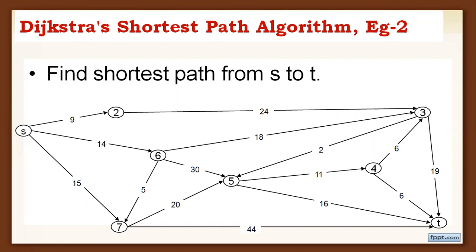When we apply the greedy strategy to the given graph, we need to find the minimum cost from source vertex S to all remaining available vertices 2, 3, 4, 5, 6, 7 with the minimum cost in a stage-wise manner.